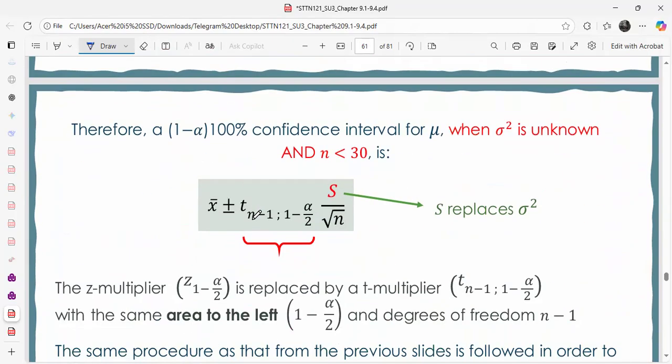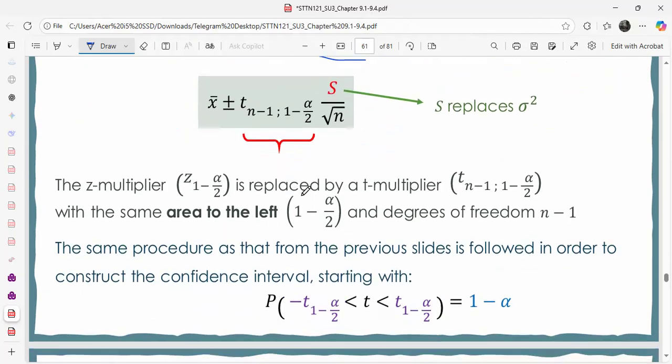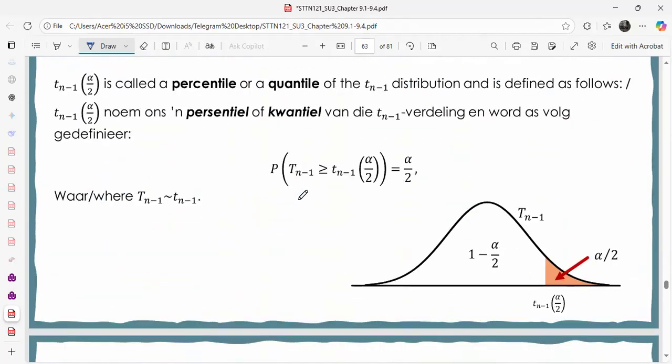We only use this method if the condition is that n must be less than 30 and the population standard deviation is unknown. That's when you're going to use this formula. n must be less than 30 and the population standard deviation has to be unknown, and then you're going to use this method. You'll see when we do the questions.